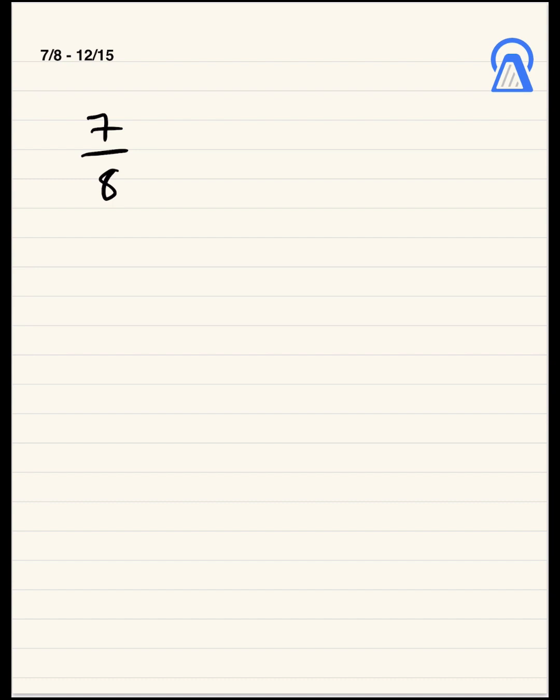So 8 and 15 would have a lowest common multiple of 120. Is that right? Yes, I think that's right. So let's do that method first.